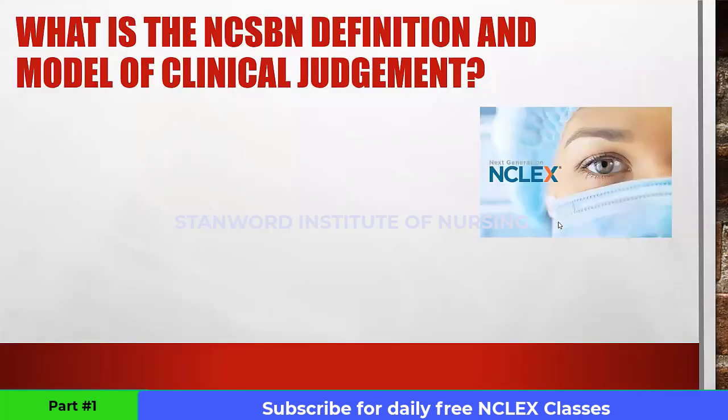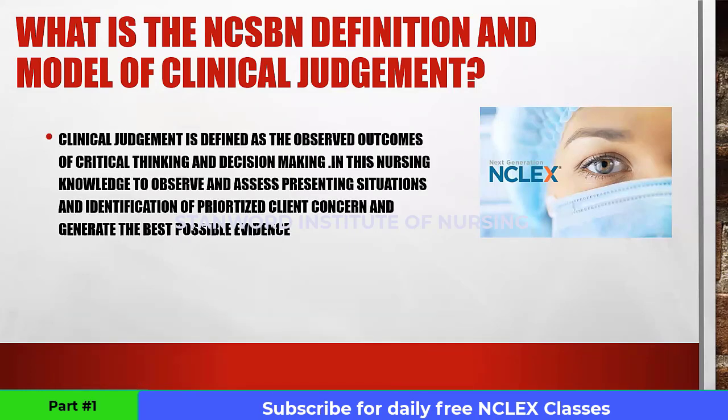Firstly, how can we define clinical judgment? Clinical judgment is defined as the observed outcome of critical thinking and decision making. In this, nursing knowledge is used to observe and assess the presenting situations, identify the prioritized client concern, and generate the best possible evidence.